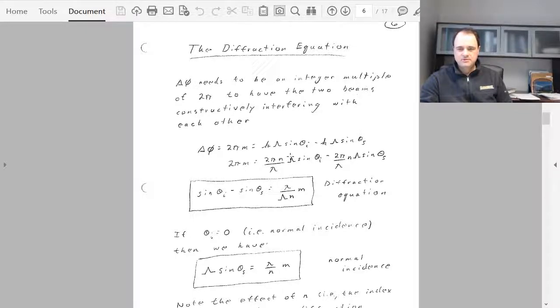We cancel out the 2 pi's and rearrange it a bit, and we get the well-known diffraction equation: sine theta i minus sine theta s is equal to lambda over the period. Sometimes this is called d in optics books, but I prefer capital lambda, over n times an integer m.